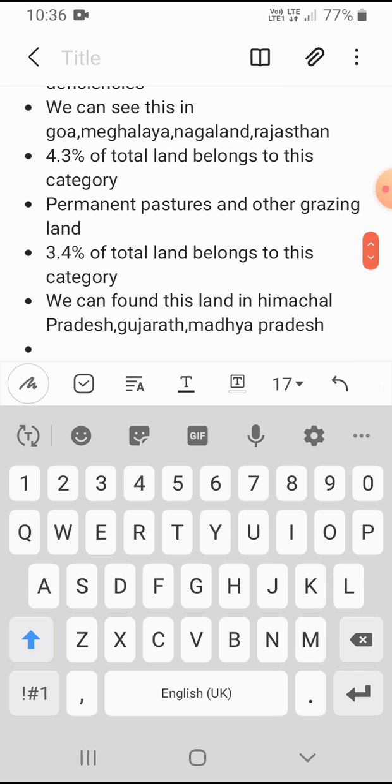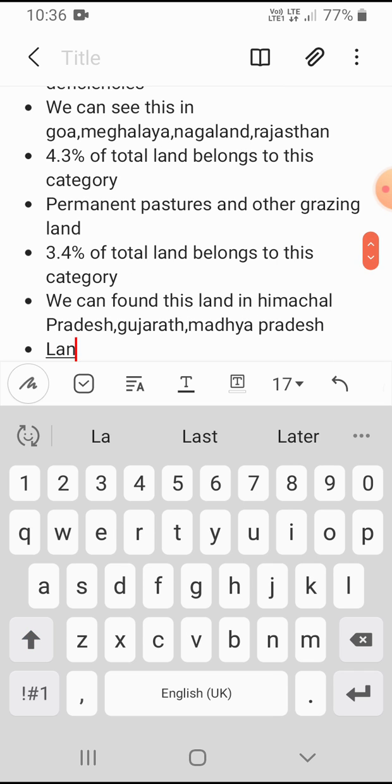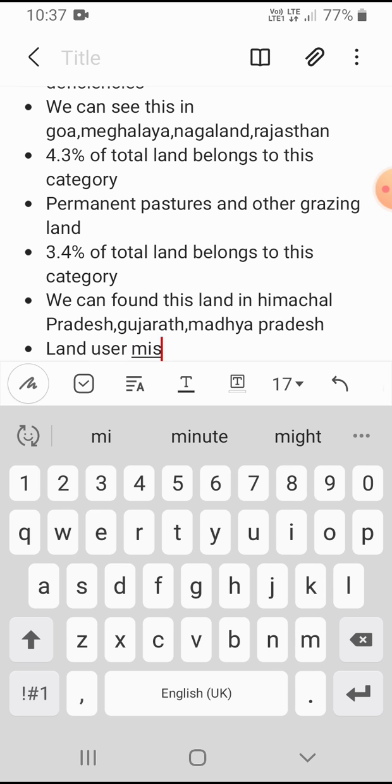Afterwards, the last land is land use miscellaneous.